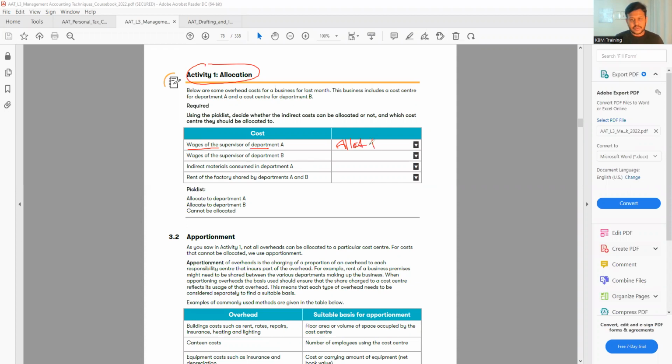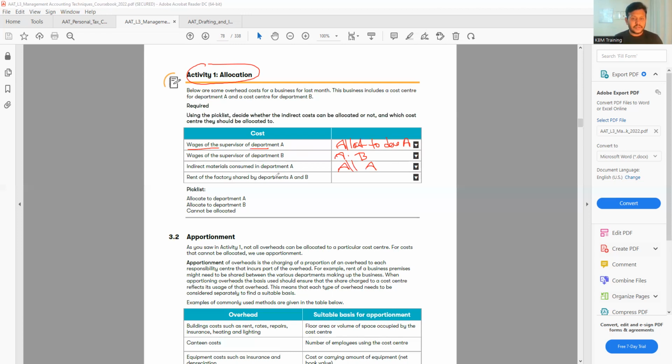Wages of the supervisor of department B, we can say allocate to B because the salary belongs to this department. Indirect material consumed in department A. So we allocate to A because this cost belongs to it.